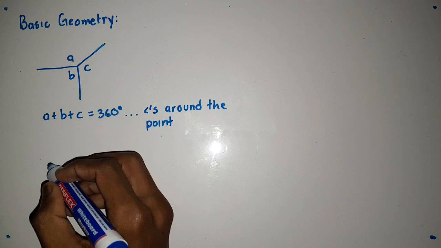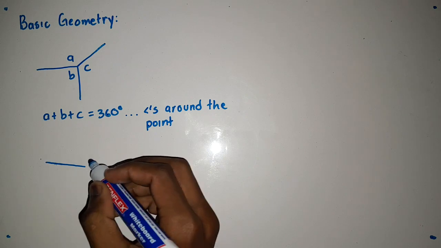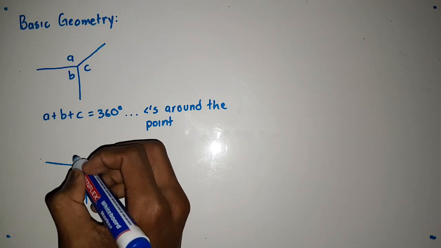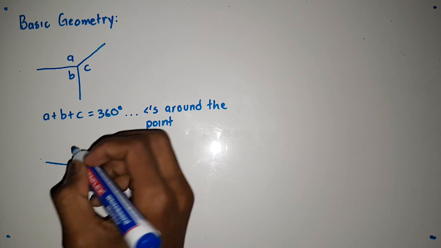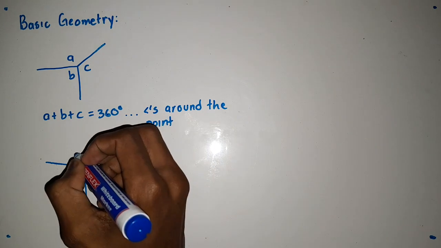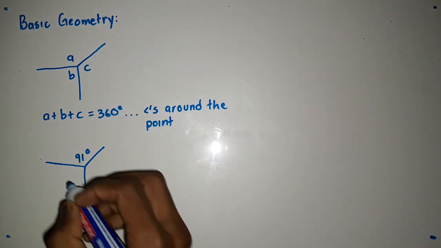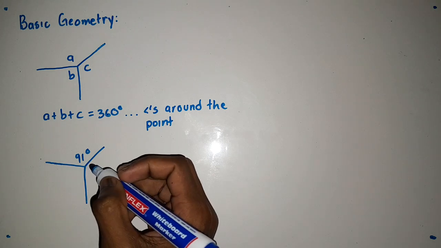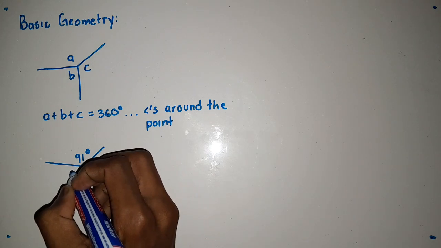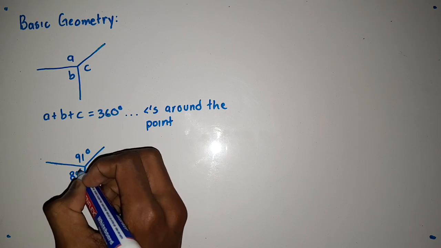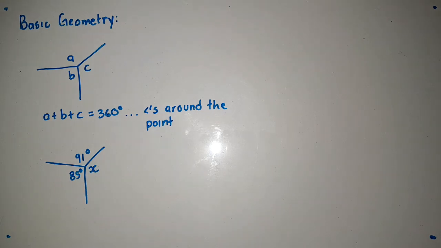For an example, let's say I give you this diagram. Let me decide some values. Let's say we have 91 degrees, and somewhere here we have 85 degrees. Now we want to figure out the value of x. How are you going to determine the value of x?